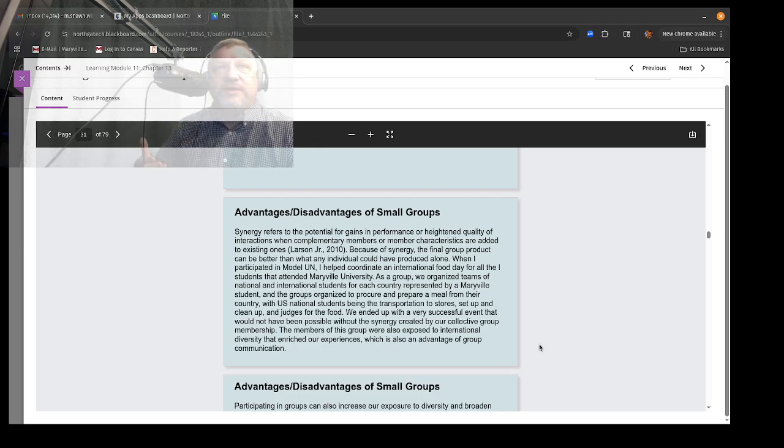The U.S. national students mostly served as transportation to the stores, helped plan the event, helped set up the event, and clean up afterwards, as well as being judges for the food. We ended up with a very successful event that would not have been possible without the synergy created by our collective group and all of its members.